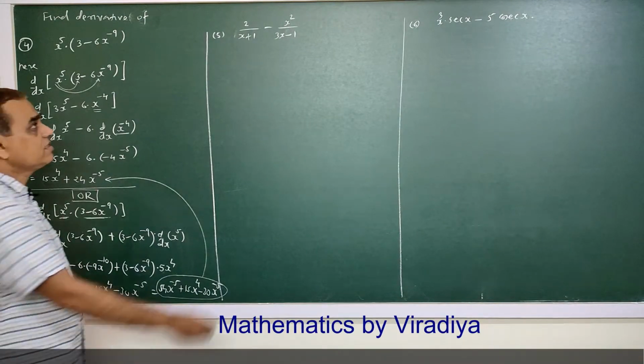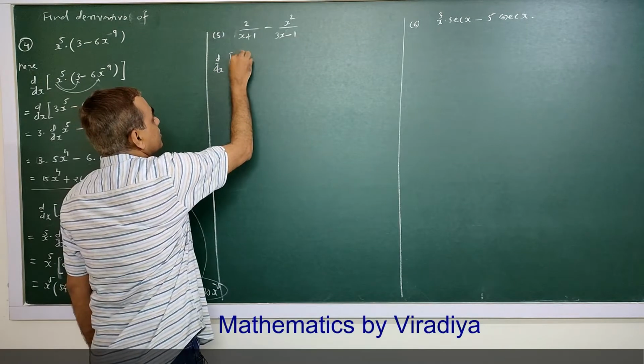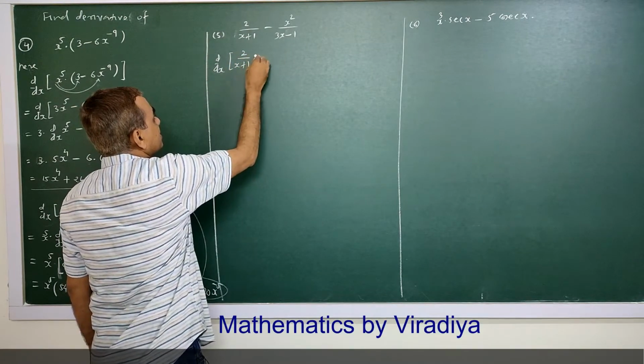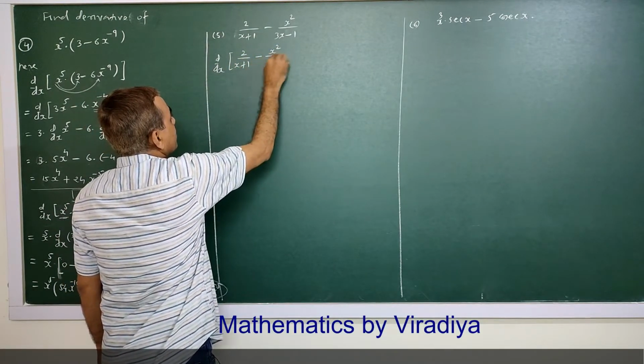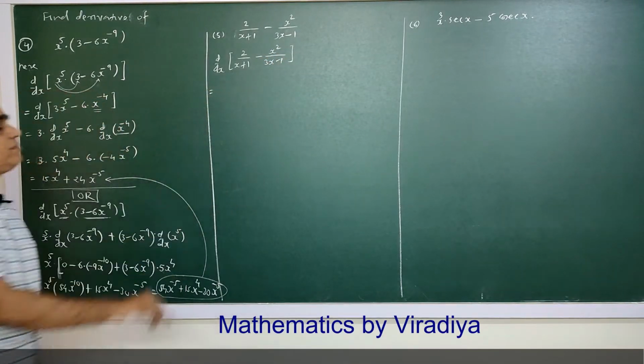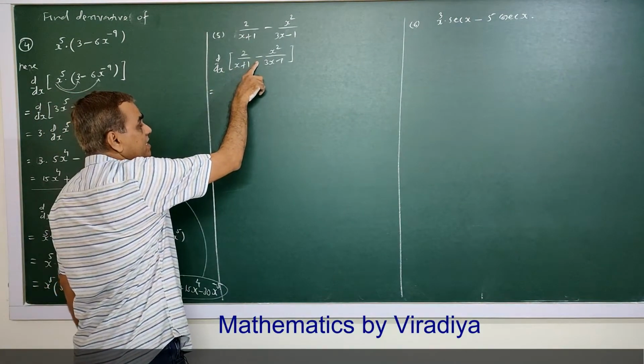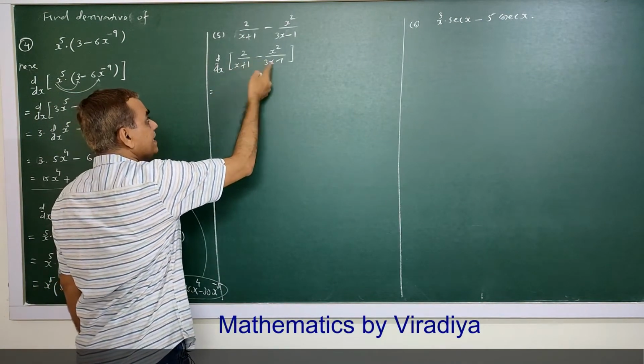Now here, d by dx of 2 upon x plus 1 minus x square upon 3x minus 1. Now the derivative of a difference is equal to the difference of their individual derivatives.